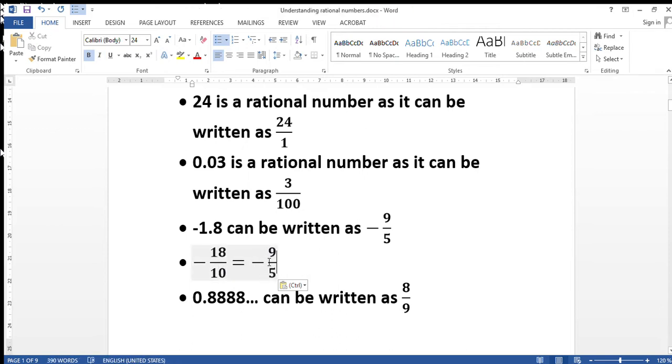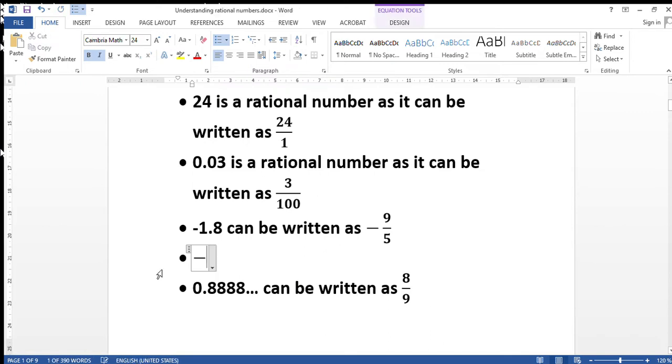From this negative 9 over 5, we cannot simplify or reduce it to the lowest term any further, so we stay right there. That's how you can convert a decimal into a fraction. Decimals are also rational numbers because they can be written in ratio or fraction form.